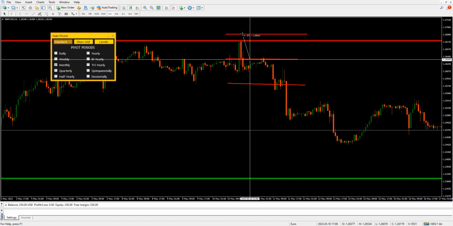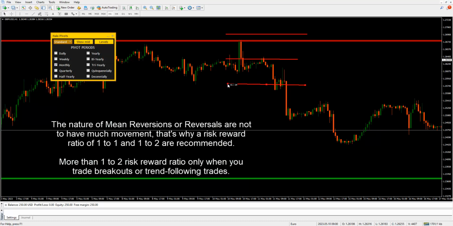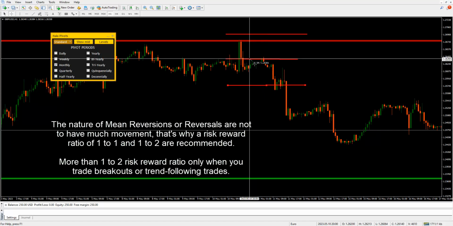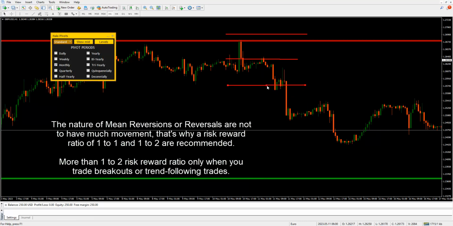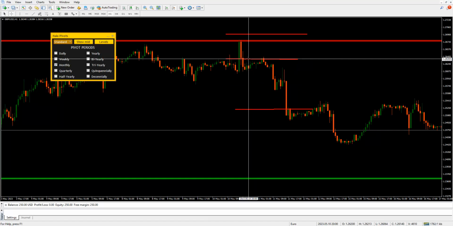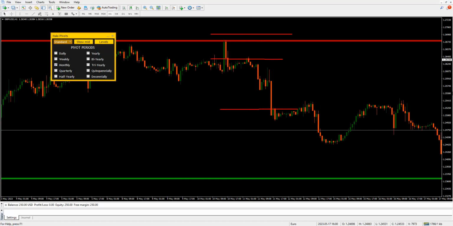So 575 points of stop loss and 575 points of take profit. 1-to-1 risk reward ratio, or a maximum 1-to-2. So 575 and 575. 1-to-2 risk reward ratio.